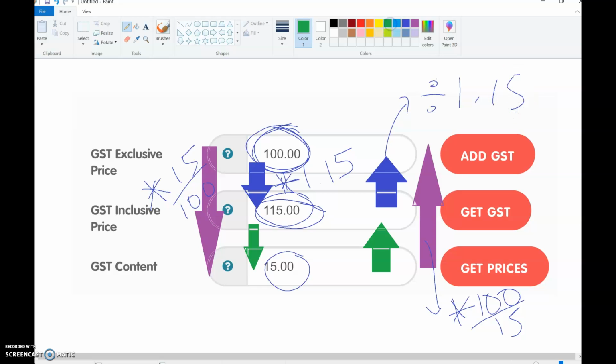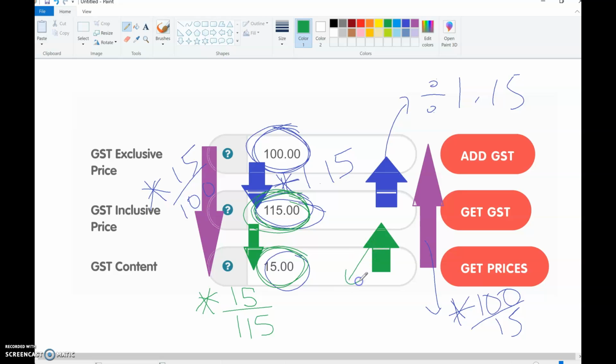Okay, the green one. To get from 115 to the $15. So this is already GST inclusive. So the GST amount is actually, we would have had to times by 15 over 115 to get there because the GST is out of the 115 GST inclusive.